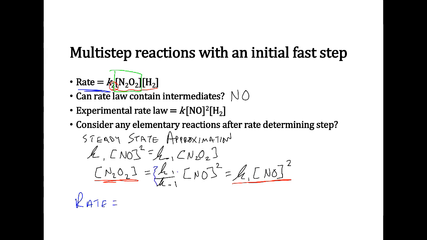The rate is equal to K1 times K2 divided by K sub negative 1. Now remember we substitute in for N2O2 with this. So we'll have NO squared times H2.